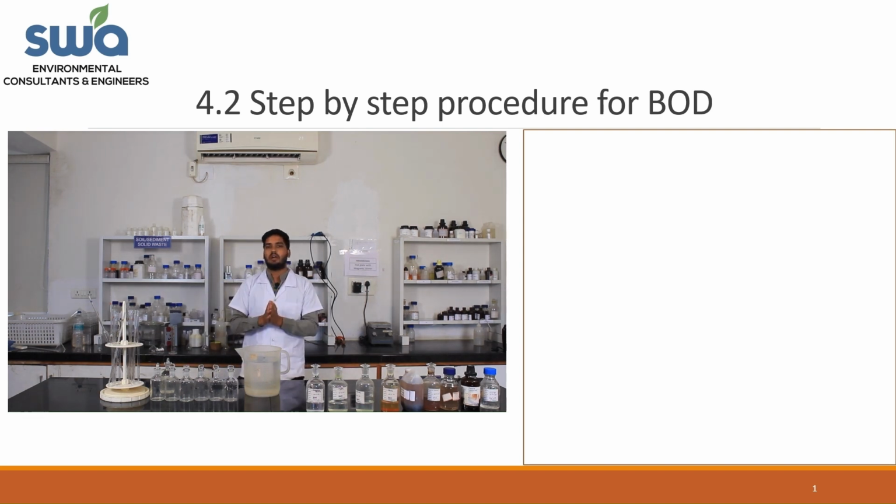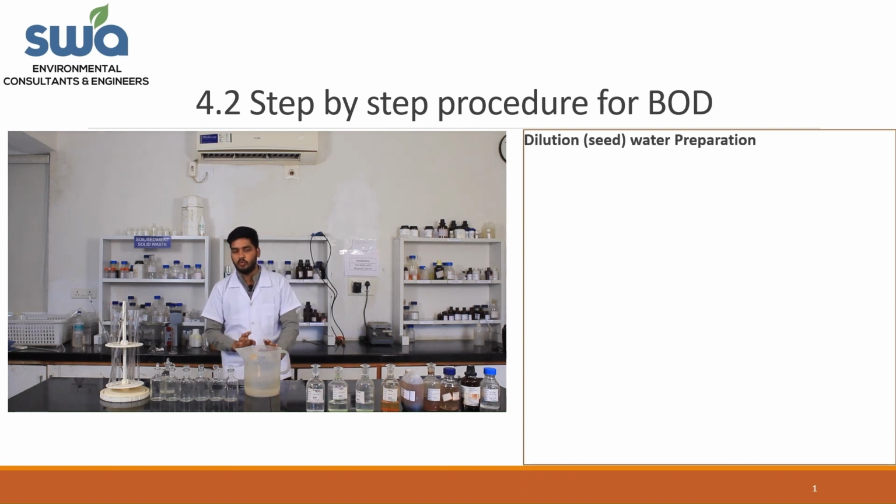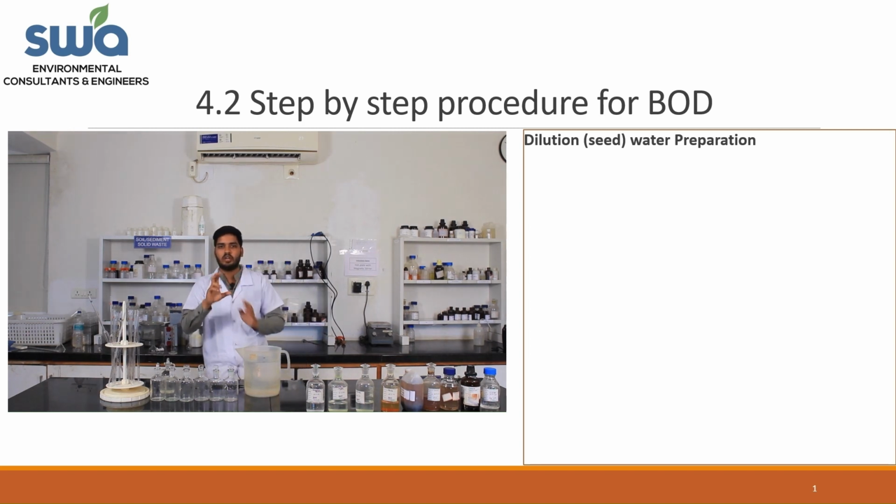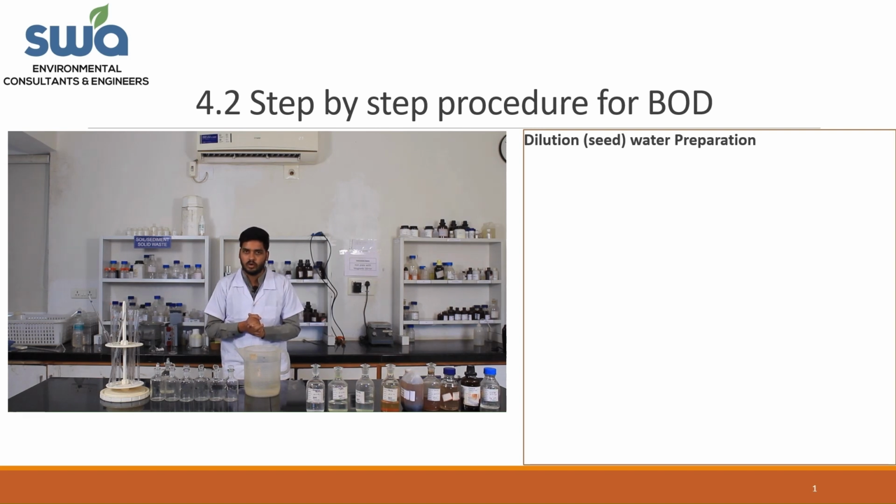Firstly, we will start with preparation of seed water. You will require approximately 300 ml of sample plus seed water in one bottle. Whatever number of bottles you are putting for BOD, you will require that much water as well.